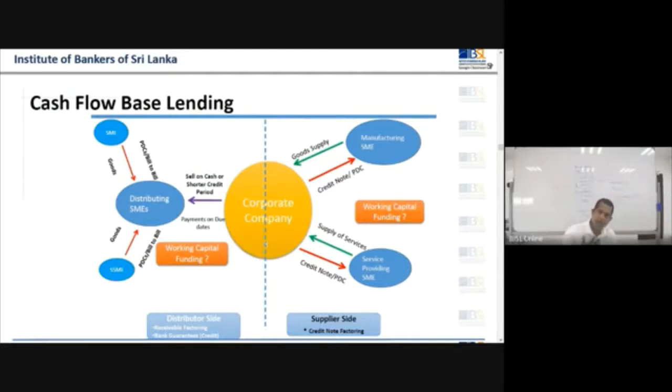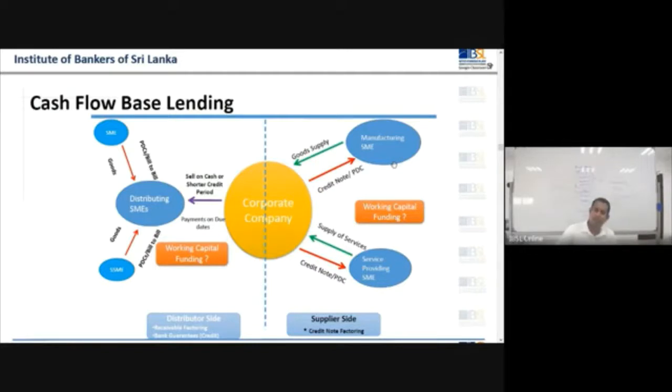So as a manufacturer, I have other works to do. I have other orders to continue. So I need money. I need to pay my salaries. I need to feed my kids, right? So I need money. So there will be a working capital requirement. Manufacturer gives goods, receives the GRN, post-dated cheque.